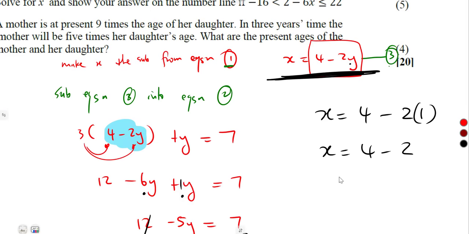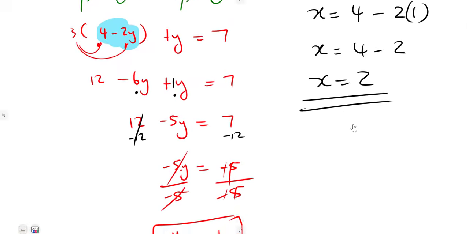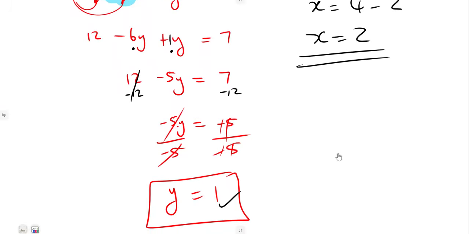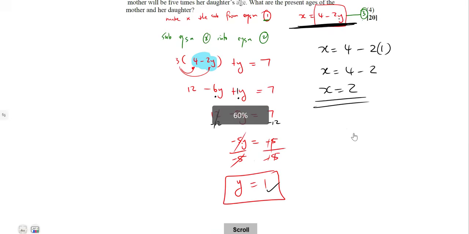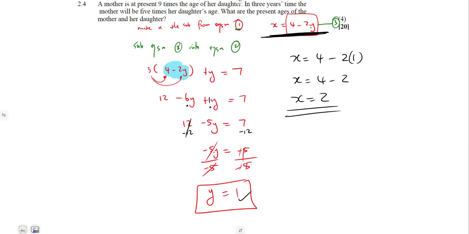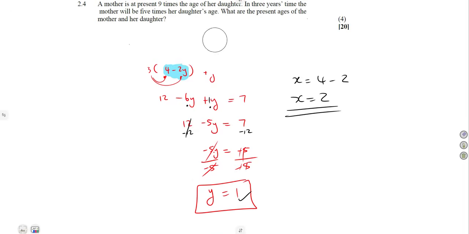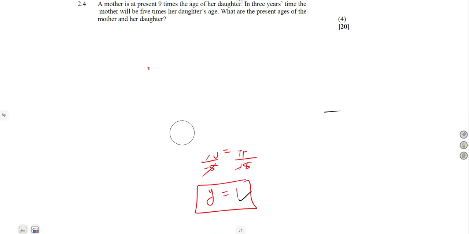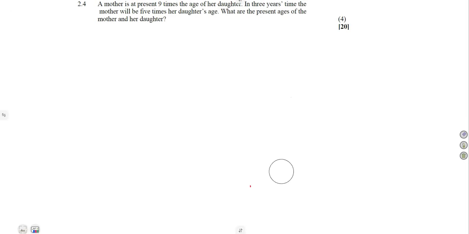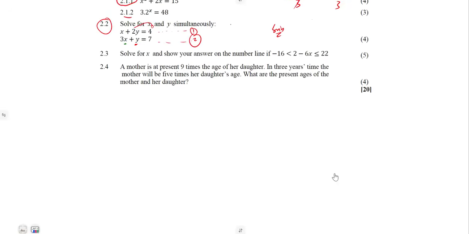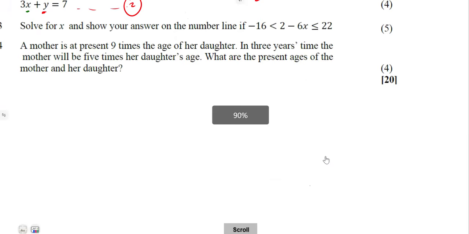So that's 4 minus 2, which is 2. So x is equal to 2 and y is equal to 1. This is the solution of our equations. So you see, guys, it is just a matter of playing around. Do as many questions as you can. It's all about revision. All right.